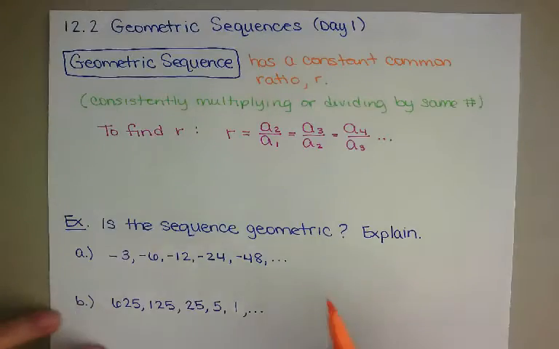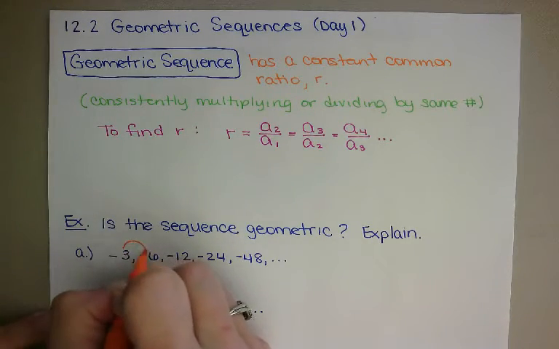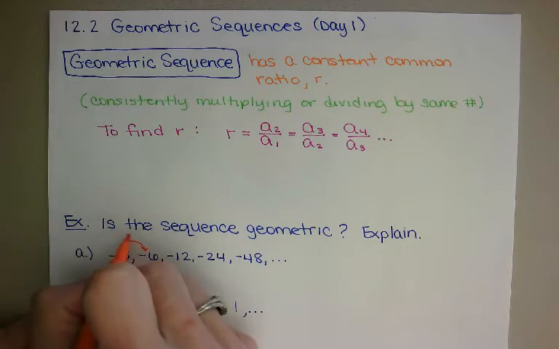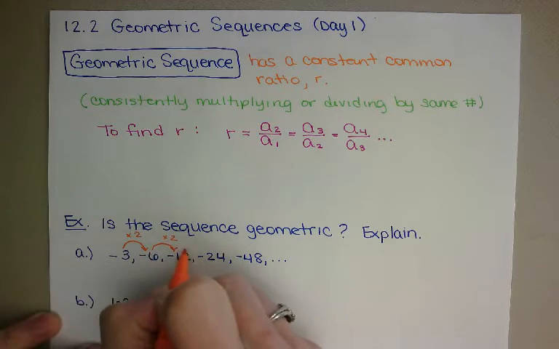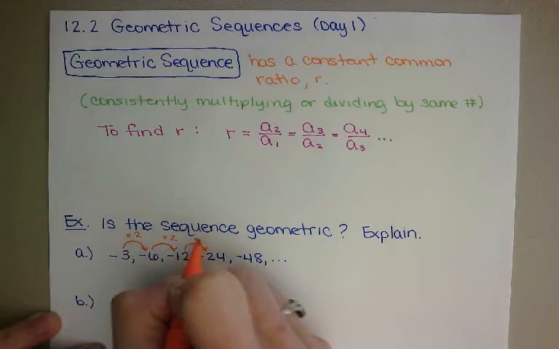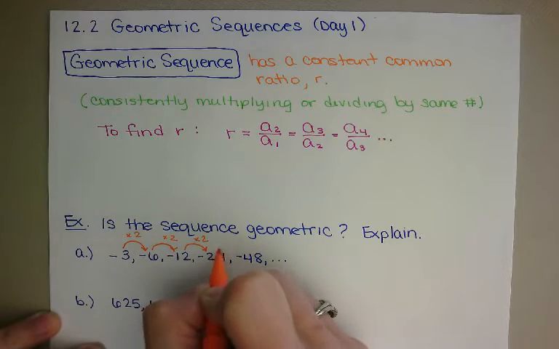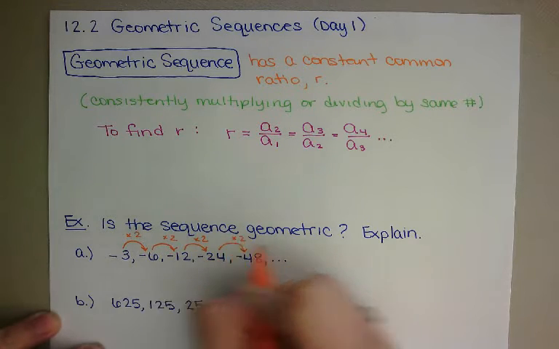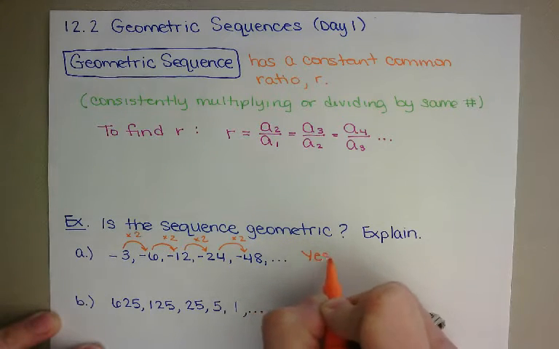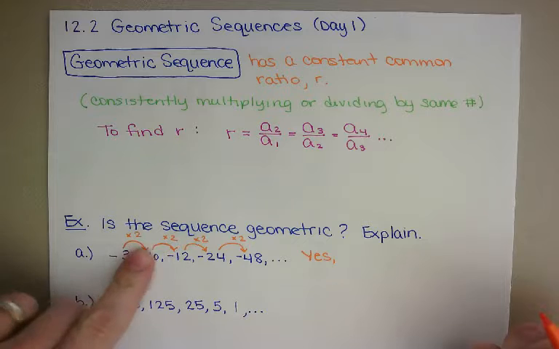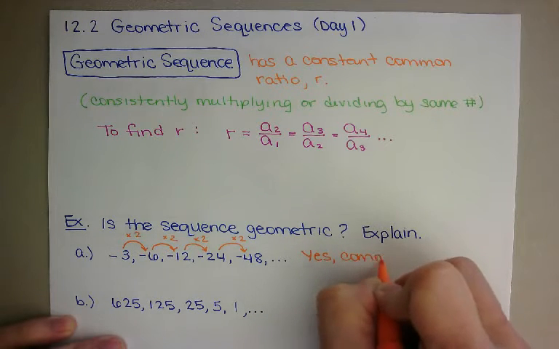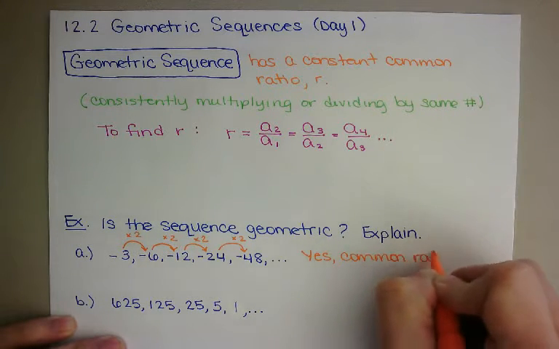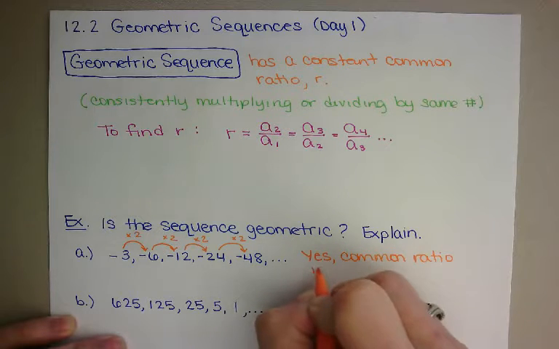From -3 to -6, they are multiplying by 2. -6 times 2 is -12. -12 times 2 is -24. All right, so yes. Why? They have a constant common ratio. So the common ratio is constant.